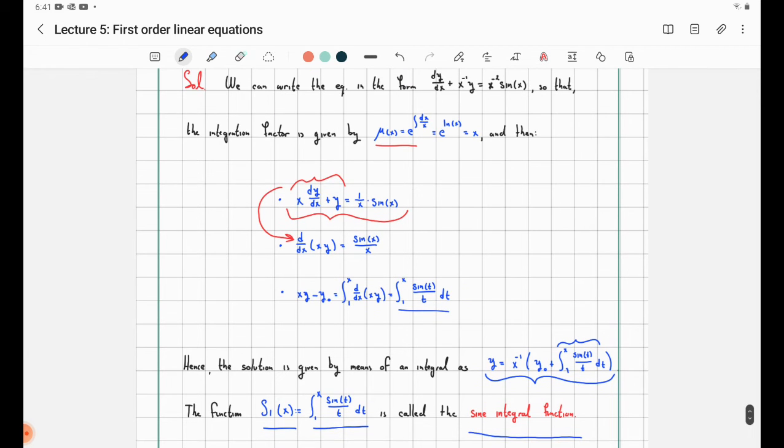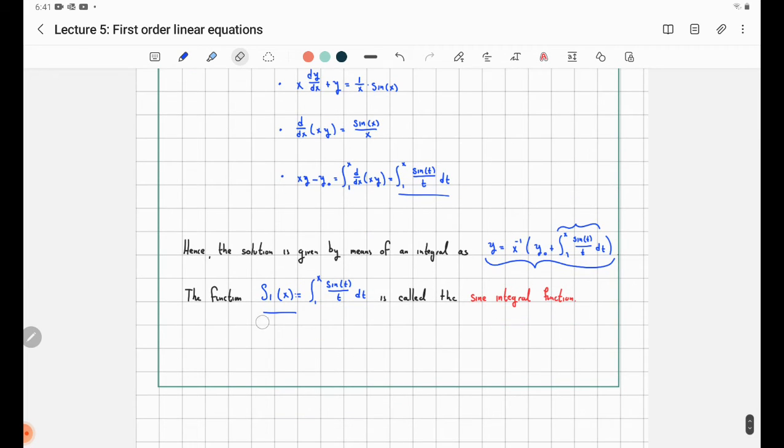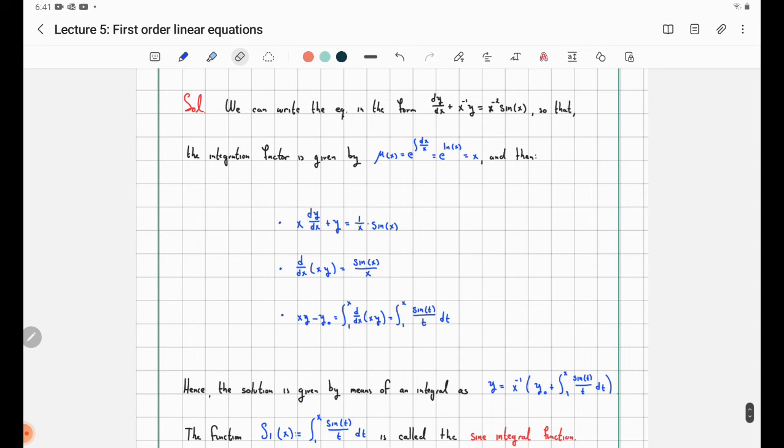So the point that I want to stress in this example is that sometimes we cannot solve explicitly the integrals in terms of elementary functions. As you can note at this point, in all these methods to solve differential equations, at some point we need to take the integral of something.